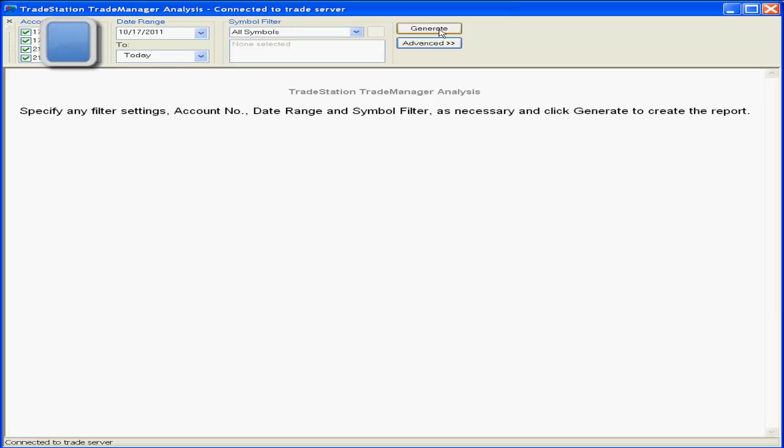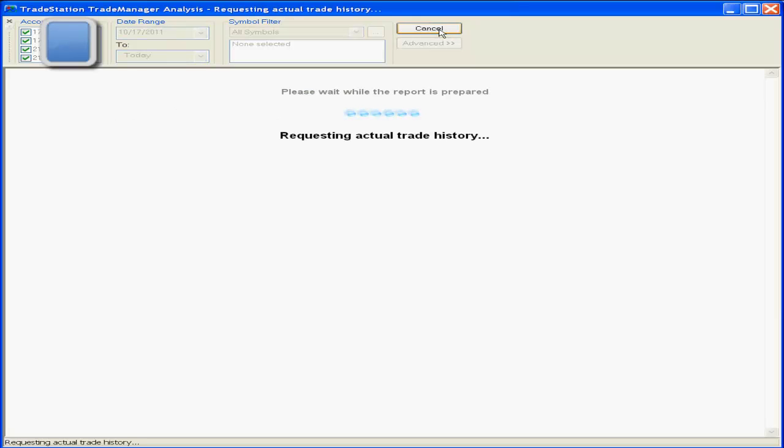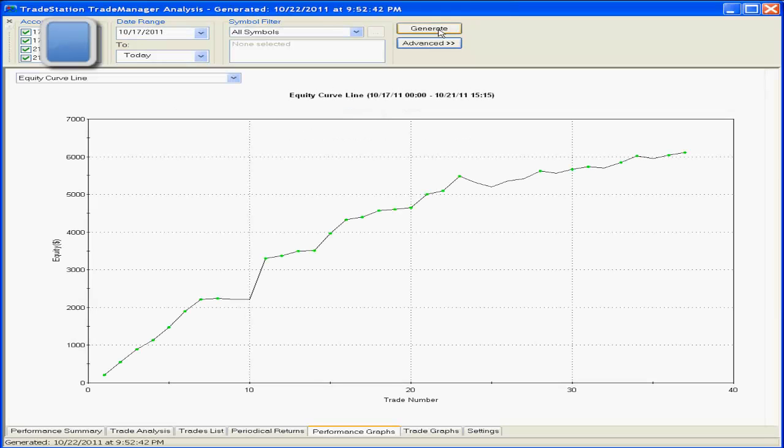We'll generate that. Hopefully TradeStation will generate it, because they're pretty good at not generating things sometimes. Okay, so here's our equity curve for that week. Our 6,000 take home there was somewhere around 37 trades.